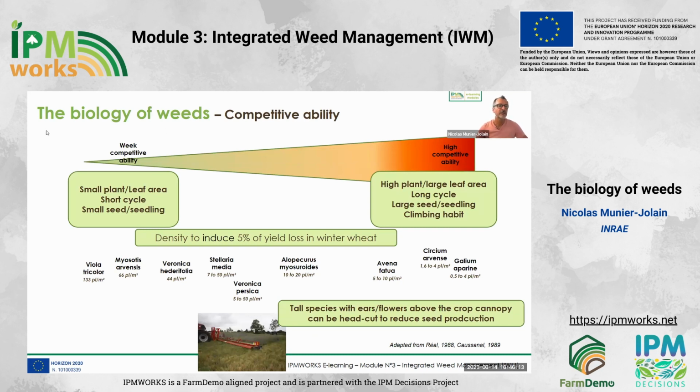Next, a trait of weed biology which is important to consider is, of course, the competitive ability. Across the diversity of weeds, you have weed species with a weak competitive ability. Very often, these are small plants with small leaf area.